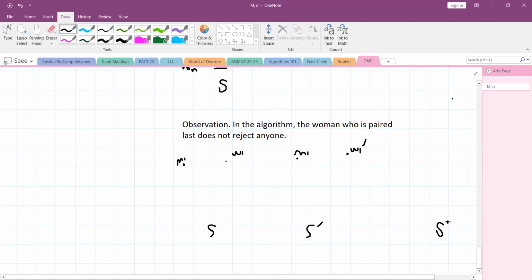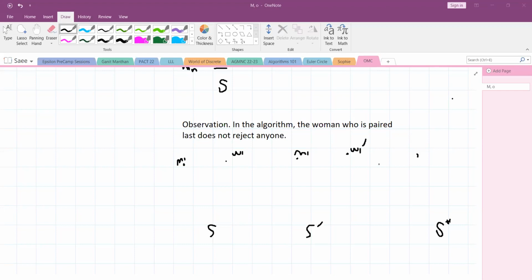Then we construct a third matching, S star, in which M1 is paired with the person he likes more among W1 and W1 prime. And we do this for every single man. Then a very interesting theorem is to show that S star is indeed a proper matching, which means that no man is paired with two women, and no woman is paired with two men. And further, that it is stable.